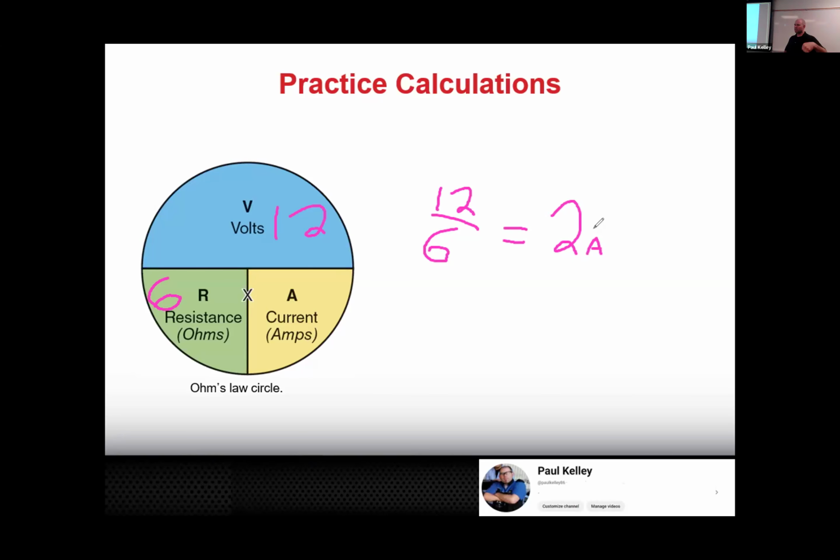If you have half the resistance, twice as many electrons will go through. It's proportional. Cool. All right. Well, if that's true, how about, for whatever reason, we got half the volts, 6 volts and still 6 ohms.